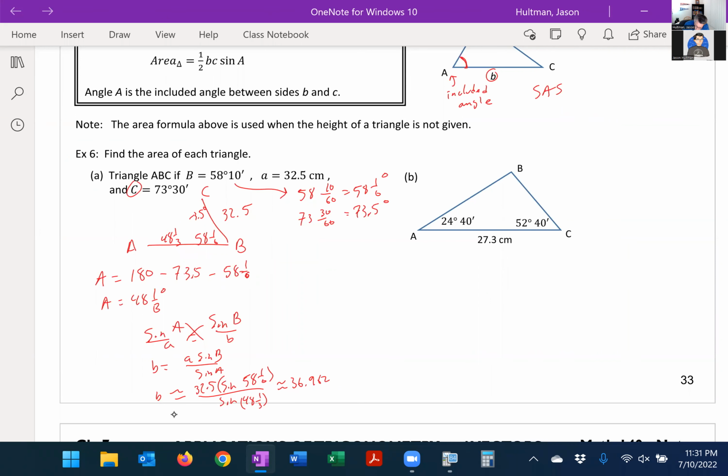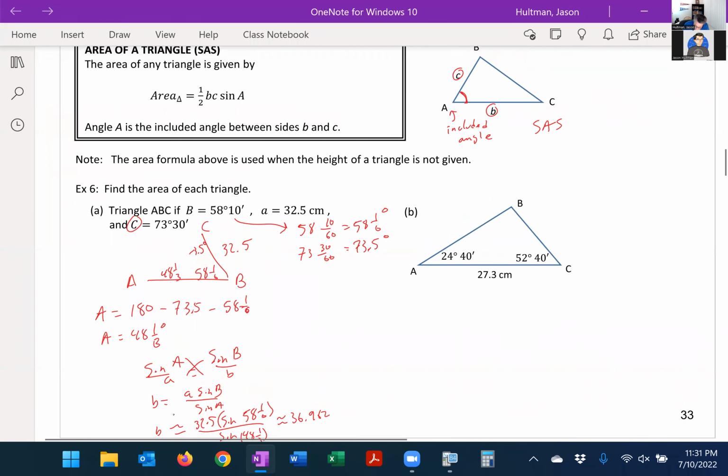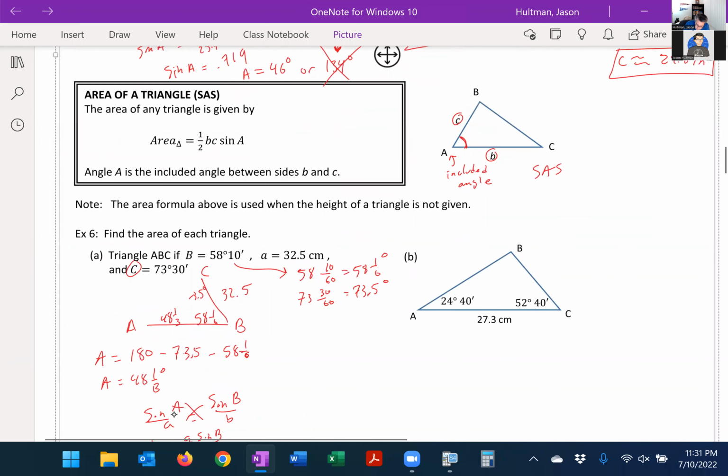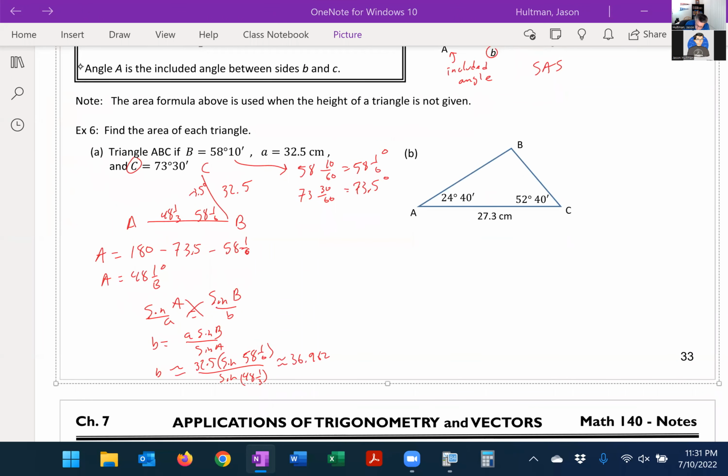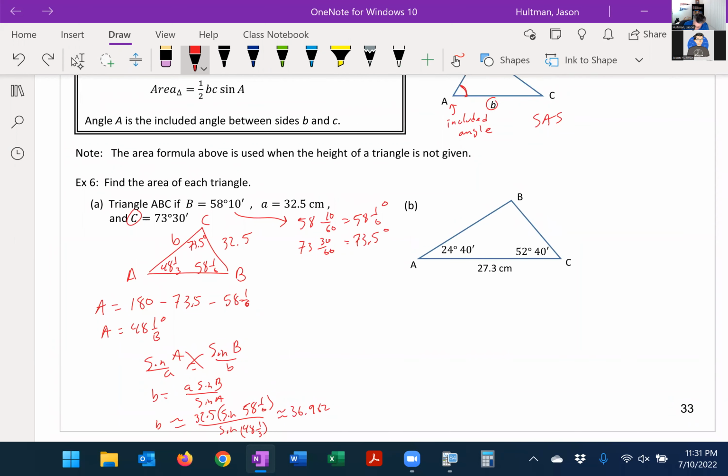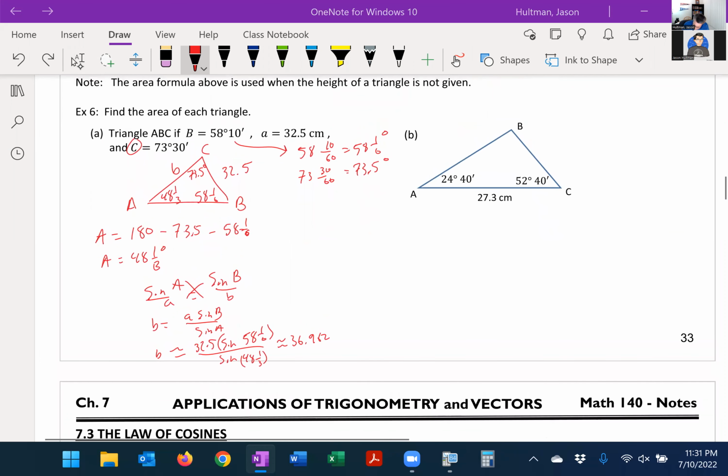Okay, I want to use the triangle formula. Let's use that triangle formula. I don't know why it does that all the time. Where this is 36.962, I'm not going to round just yet because I want my area to be as accurate as possible.